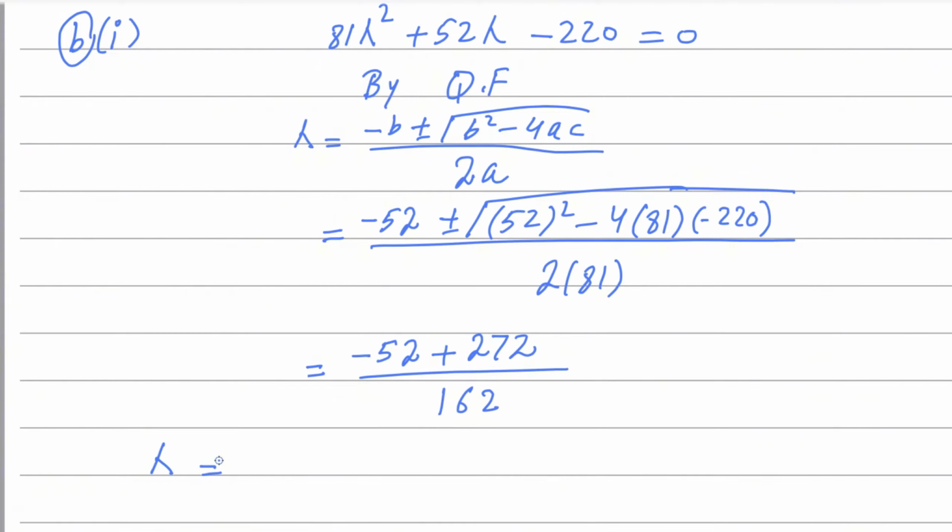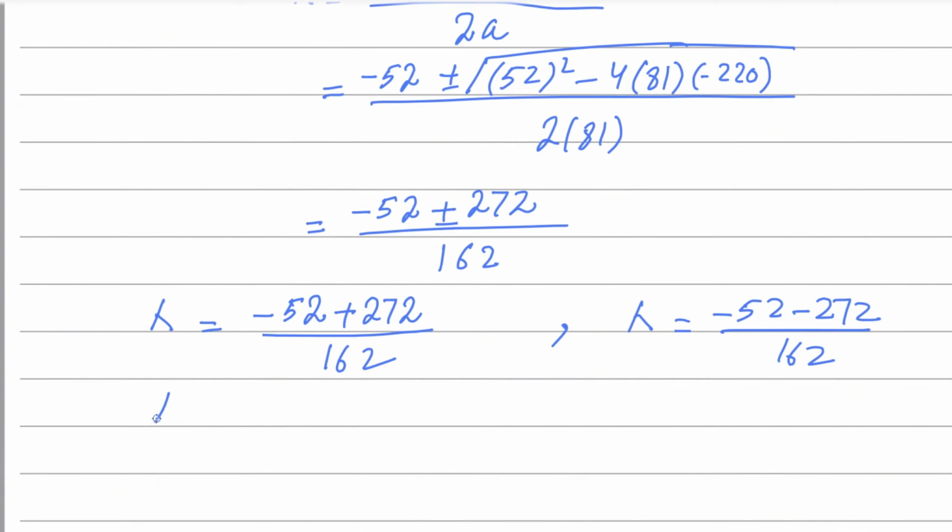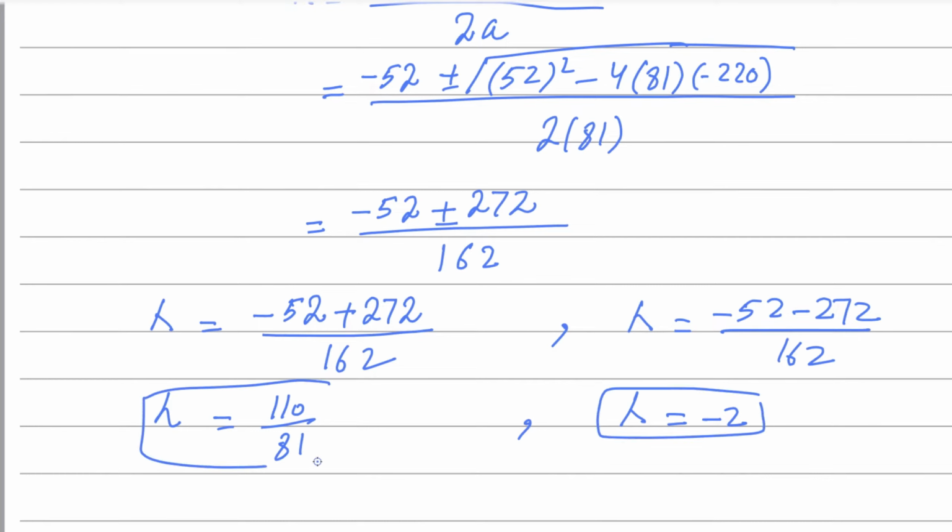One answer is minus 52 plus 272 divided by 162, and the other answer we will use the negative value, minus 52 minus 272 divided by 162. We have two answers. One answer is lambda equals 110 divided by 81, and the other answer is lambda equals negative 2. So we get two answers for lambda.